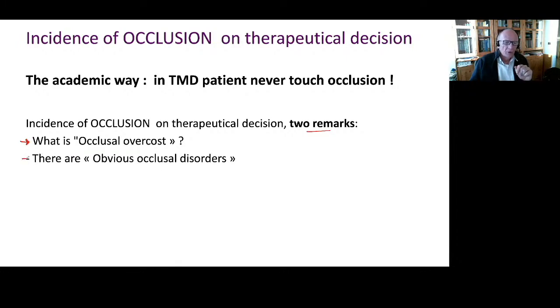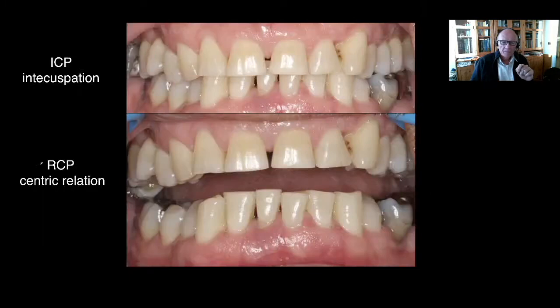And after, I would like to define what are obvious occlusal disorders. This patient is here in ICP and here in RCP.